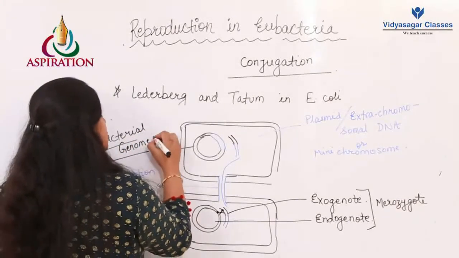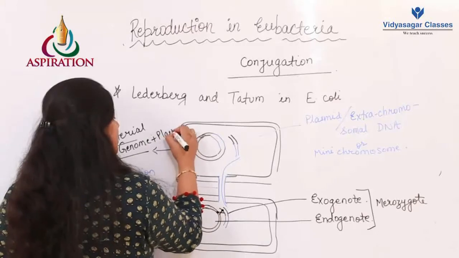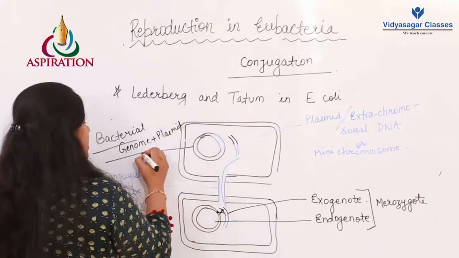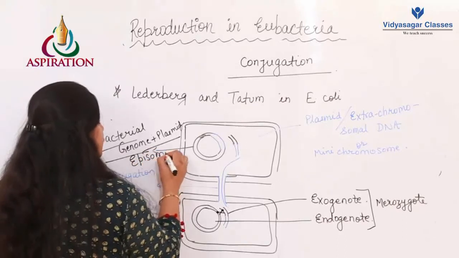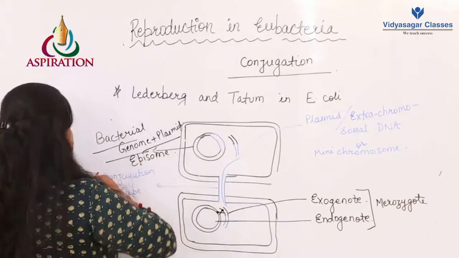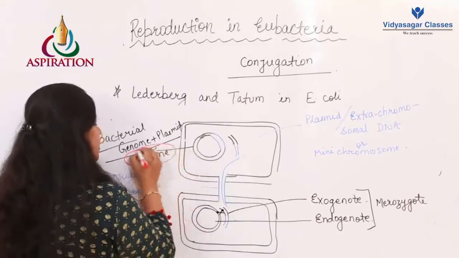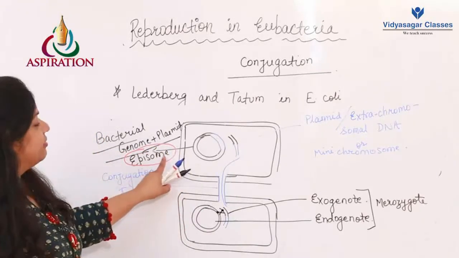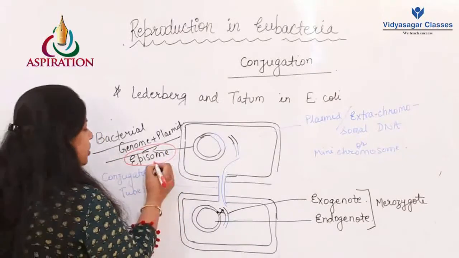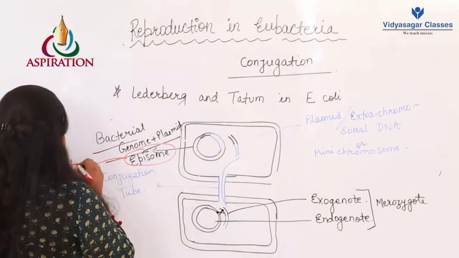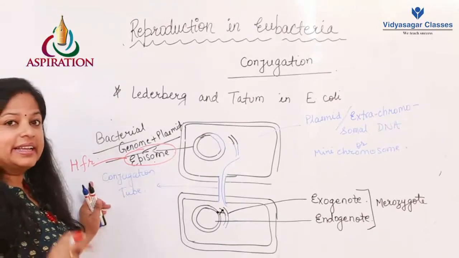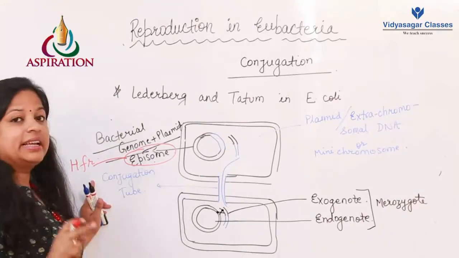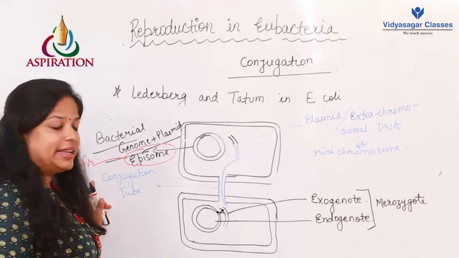So bacterial genome plus plasmid is called episome. The bacteria with episome is known as HFR bacteria. HFR bacteria is high frequency recombination bacteria.